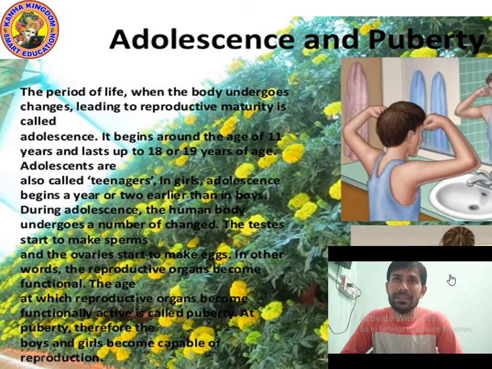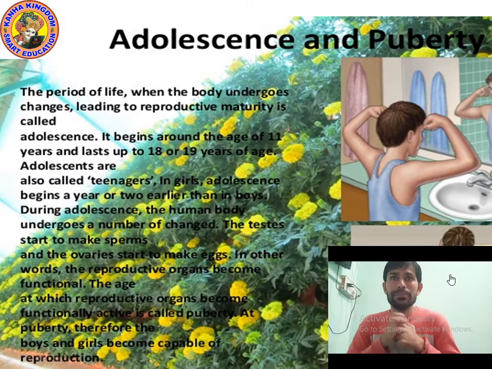At this age, boys and girls are called adolescents. It is the period of life when the body undergoes changes, like the beard starts growing and height grows. These changes leading to reproductive maturity are called adolescence.